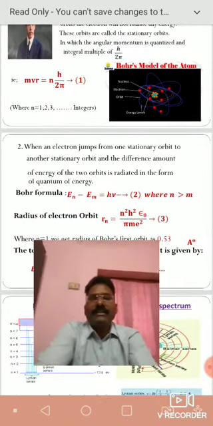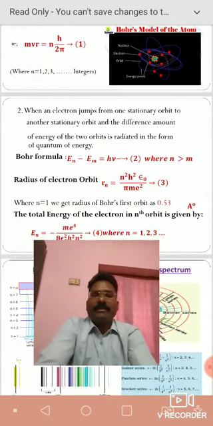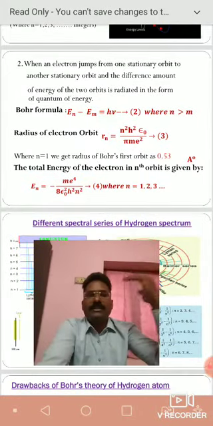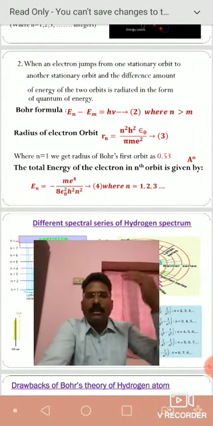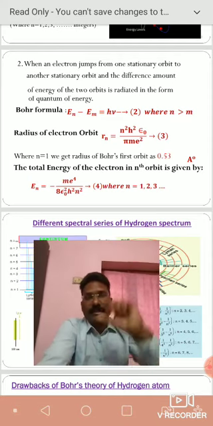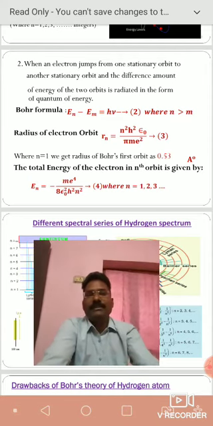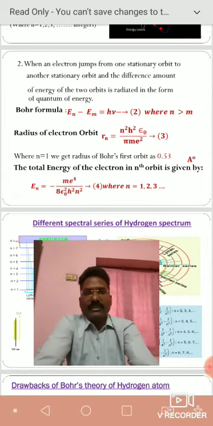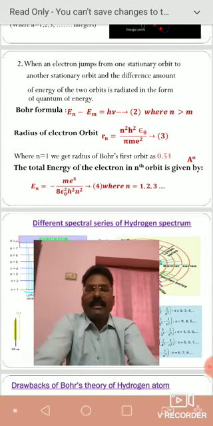n is an integer. Second assumption: when an electron jumps from a higher stationary orbit to a lower stationary orbit, the difference amount of energy of the two orbits is radiated in the form of quantum energy or electromagnetic radiation.